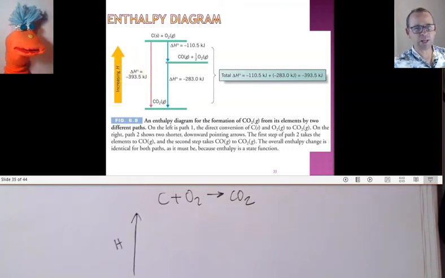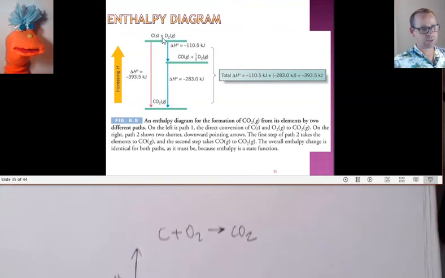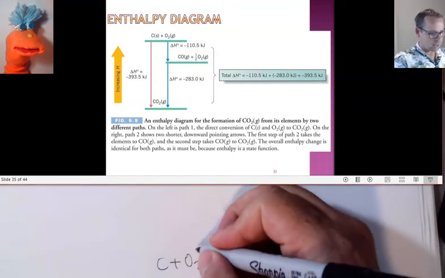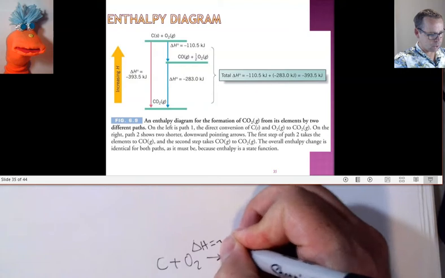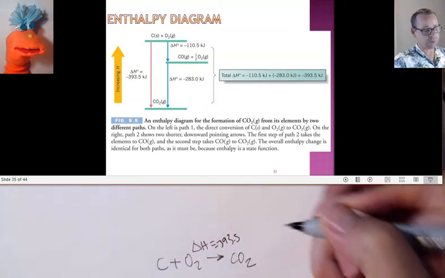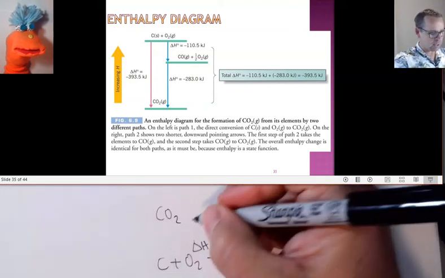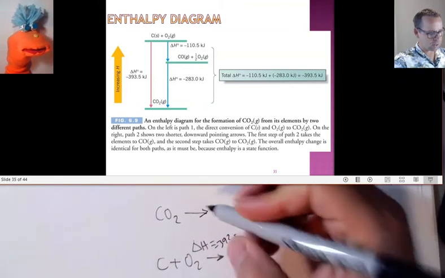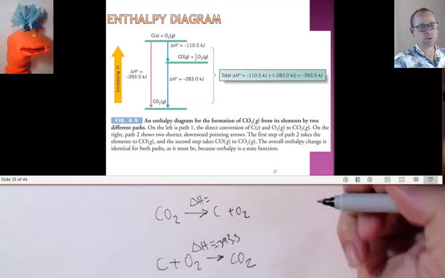Recognizing that this occurs is called Hess's law, after scientists who explored this. The point is that if I have this reaction, carbon and oxygen forming carbon dioxide, and the delta H here is a negative 393.5, then carbon dioxide, if it were to decompose to carbon and oxygen gas, the delta H would have to be what?